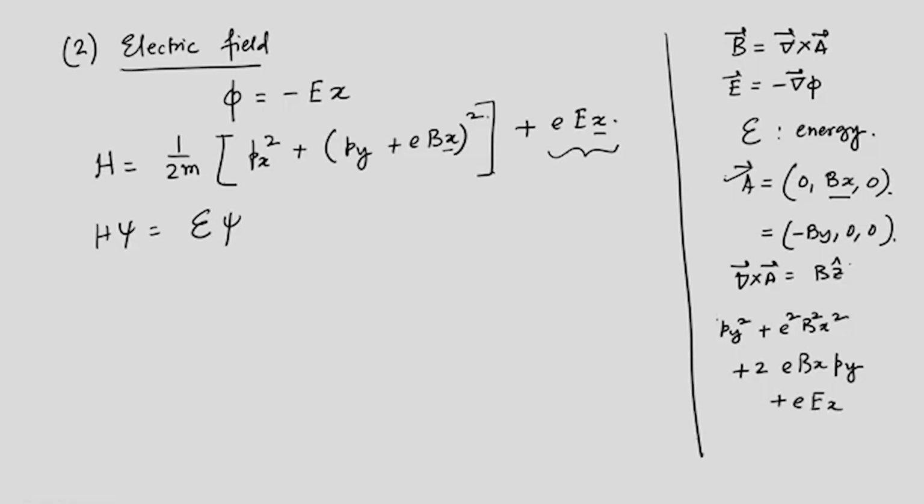So you see there is a Py square, there is a term which is linear in Py, and of course these are constant terms. And if you look at it from the other way, there is an X square and an X, and these are constant terms as well.